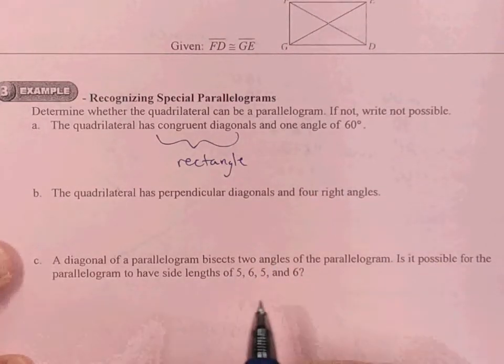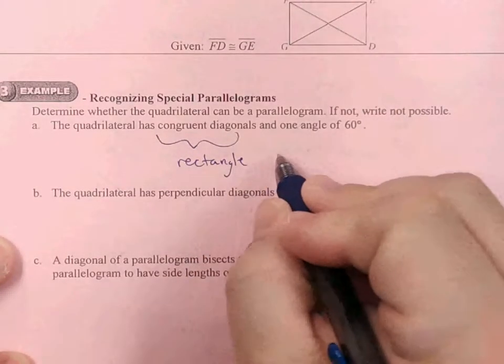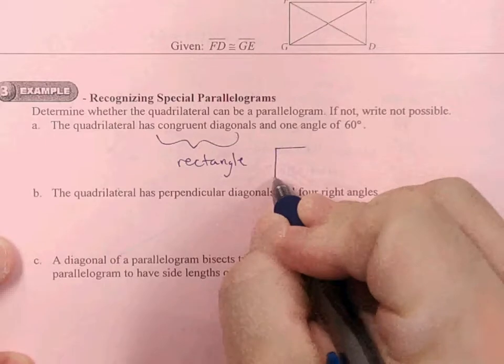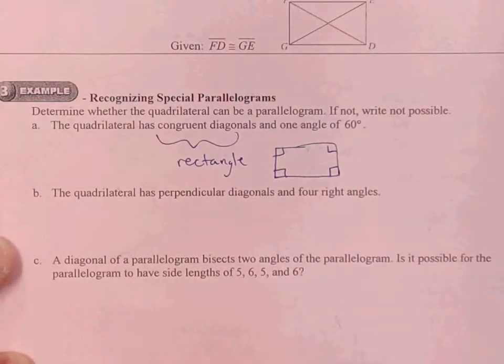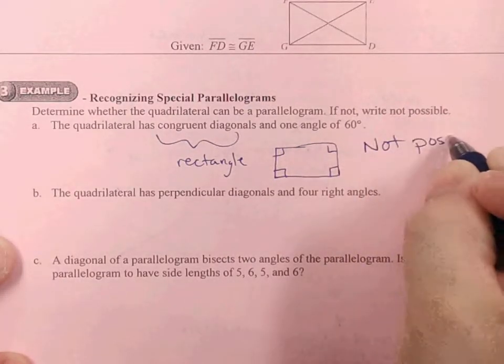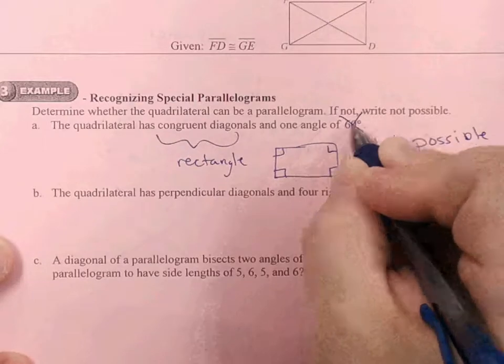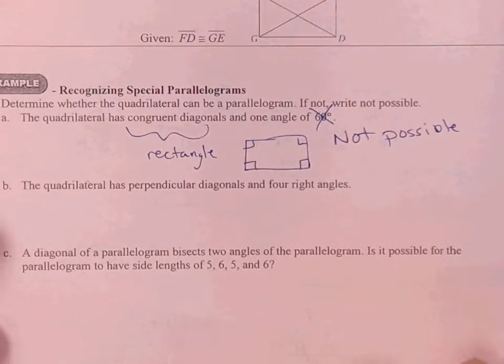And hopefully you're all yelling, no, they do not. Remember, all rectangles are formed with 90 degree angles. So therefore, this is not possible. That 60 allows us not to be able to figure out what type of parallelogram it is.